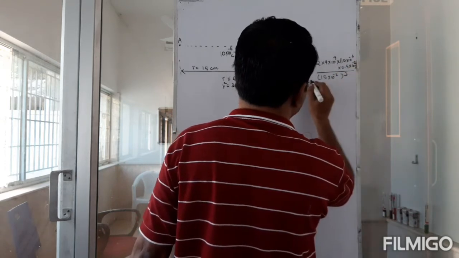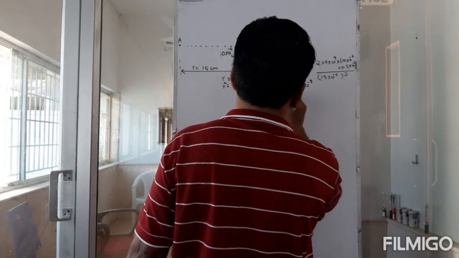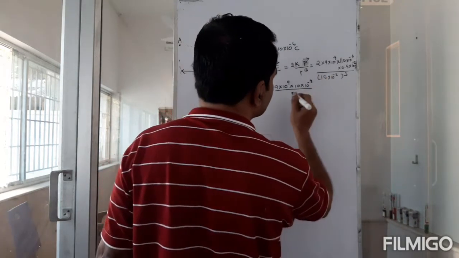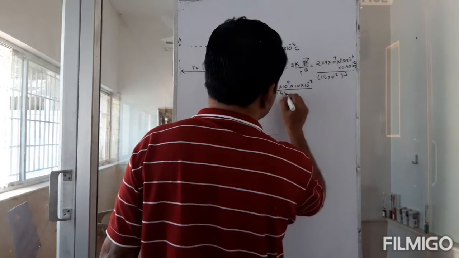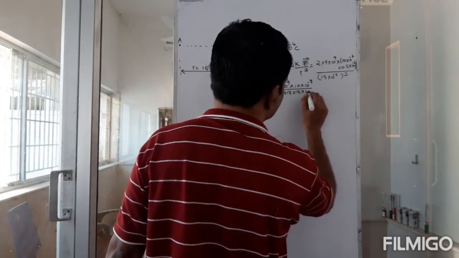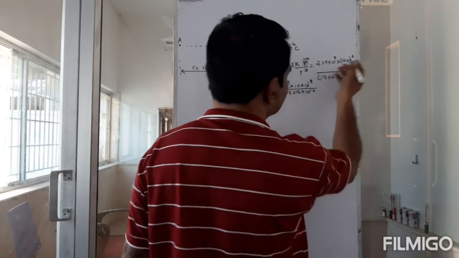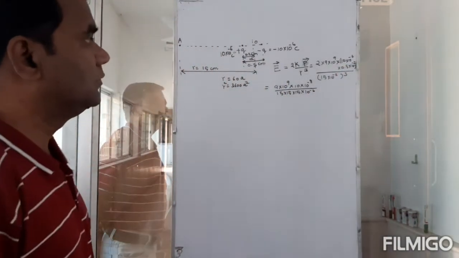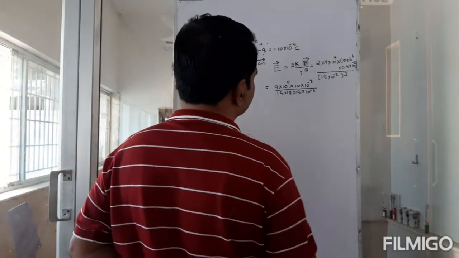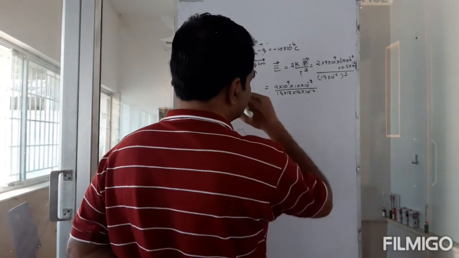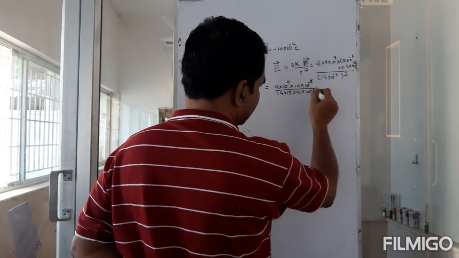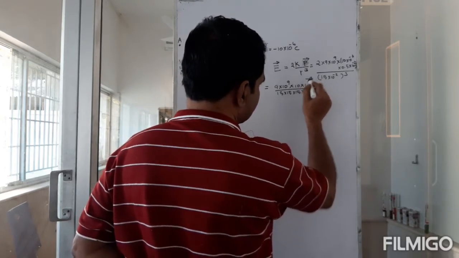Divided by 15 cubed, into 10 power minus 6. Hope this makes sense to you. So what do you get here? 10 power minus 8 over 10 power minus 6 gives minus 2 here.